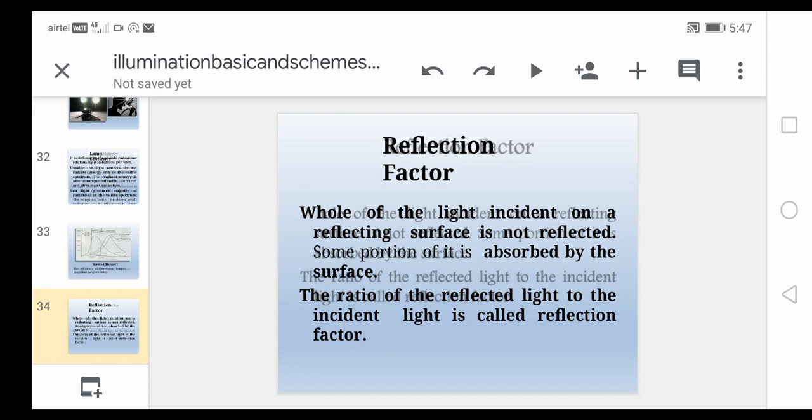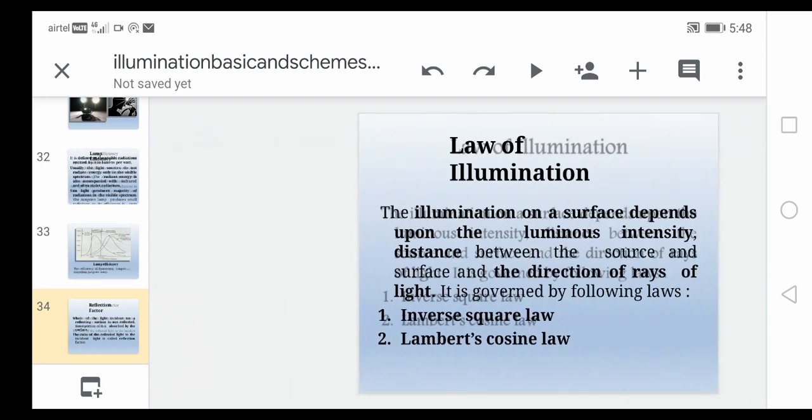The ratio of the reflected light to the incident light is called the reflection factor. How we define a reflection factor is, whenever light falls on a surface, some light will be absorbed by the surface and some light will be reflected. The ratio of reflected light to the incident light we call the reflection factor.